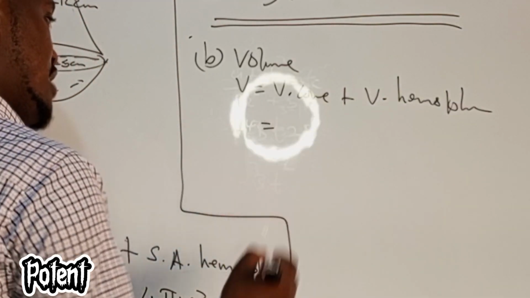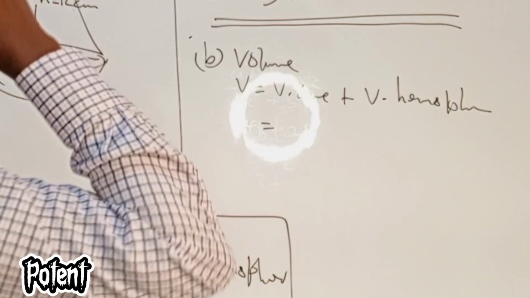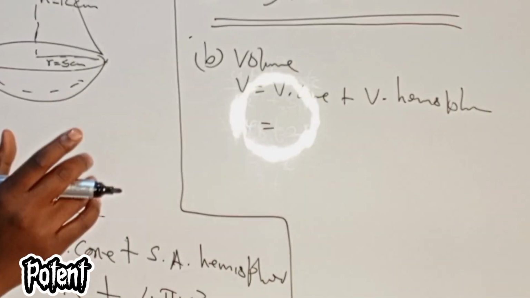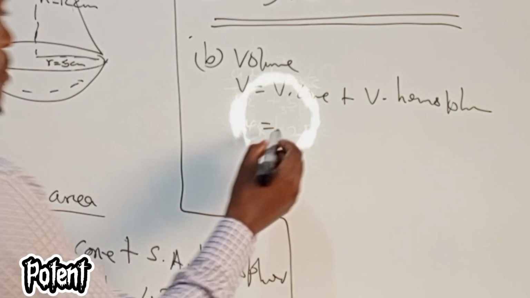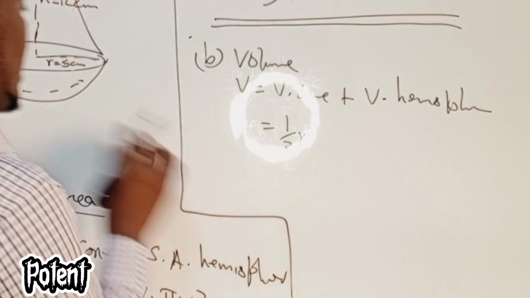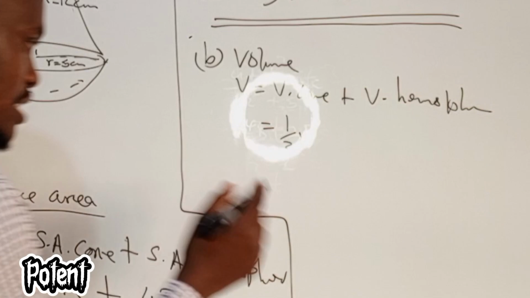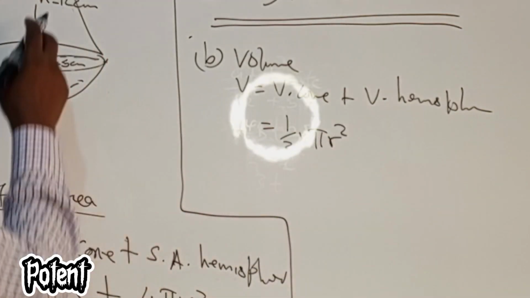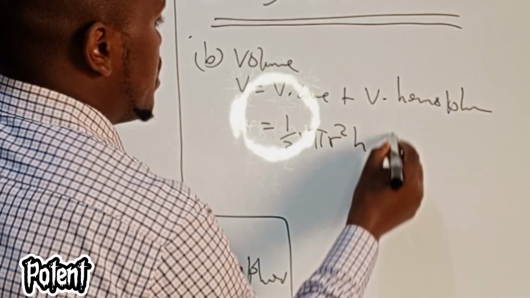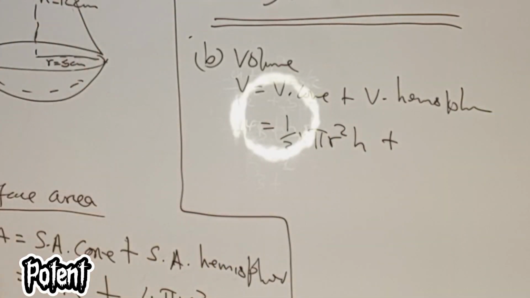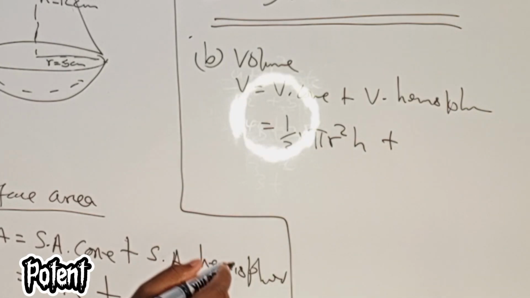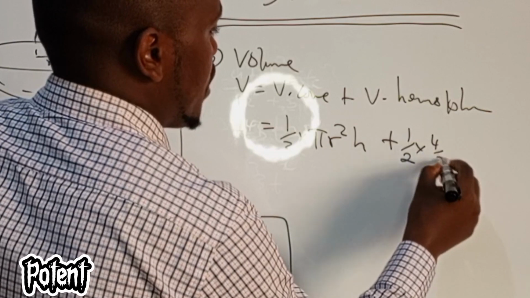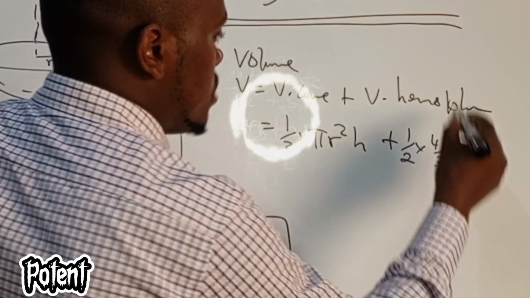Volume of the cone is given as, remember, you have the formulas in your mathematical tables, you don't need to cram them, but it is 1/3 times area of the base, which is pi r squared, then times the height, plus volume of the hemisphere. Volume of the hemisphere is a half times 4/3 pi r cubed.